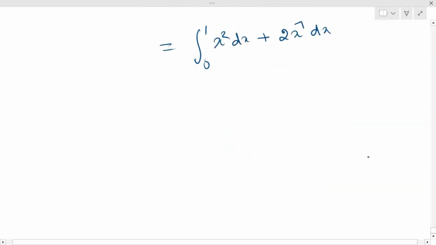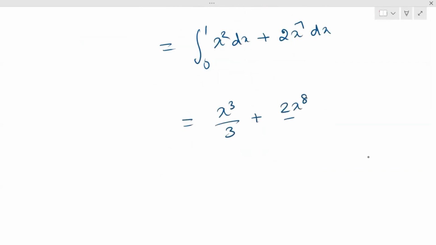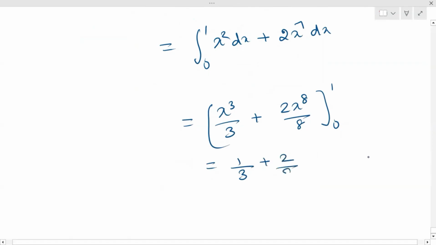Now we can integrate: x cubed by 3 plus 2x to the power 8 by 8. When we apply the limits, we get 1 by 3 plus 2 by 8, which is nothing but 7 by 12.